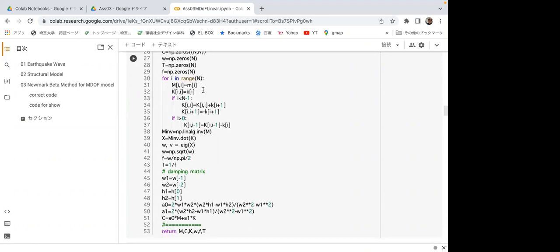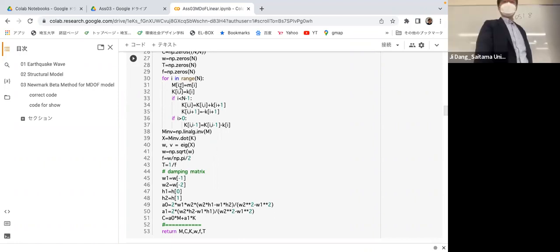And you build the M matrix. Here is just an example of how to build them. Consider that M is only the diagonal component: M1, M2, M3. It's very easy. For the K matrix, you should use K_ii equals each K plus K_(i+1), and for the other entries there should be plus another one.